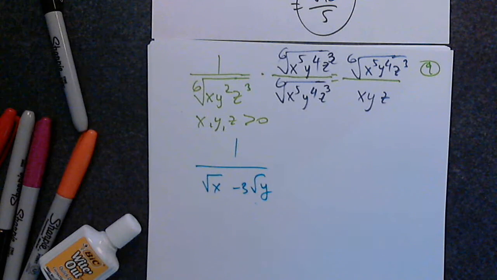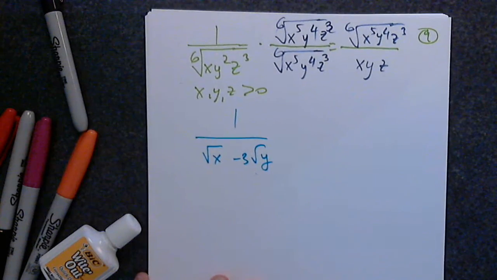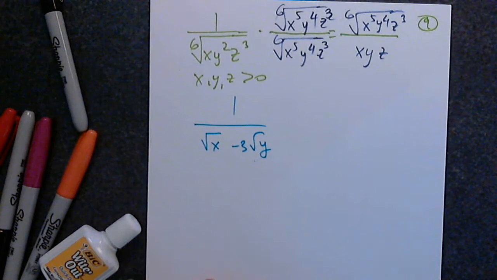What was the third one? Let me see if I have it here. It doesn't matter if I do or if I don't. I'll put it up there one more time. I don't want to waste your time.